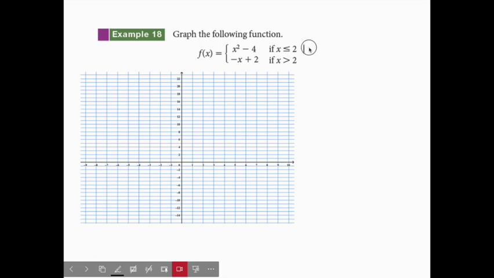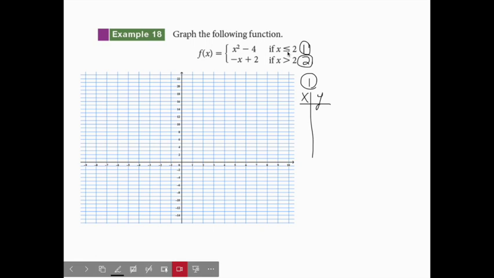So I'm going to call this piece number 1 and this piece number 2. For each of those, I'm going to make a t-table. So this is the t-table for the first piece of this function.